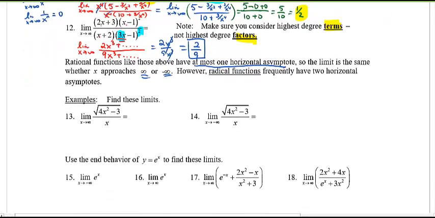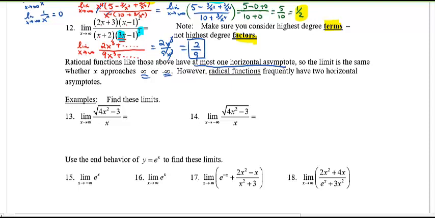So, looking at examples 13 and 14, they are the exact same expression, but one of them is the limit as x approaches infinity, and the other one is x approaches negative infinity. So my question for you now is, what is the comparison of the highest degree term in the numerator and the highest degree term in the denominator?